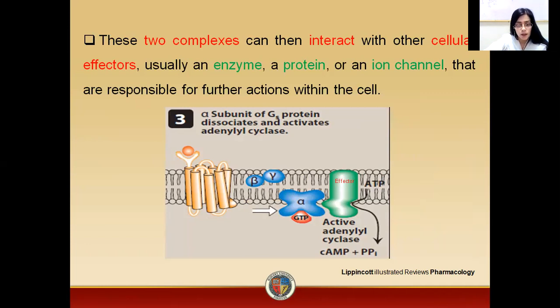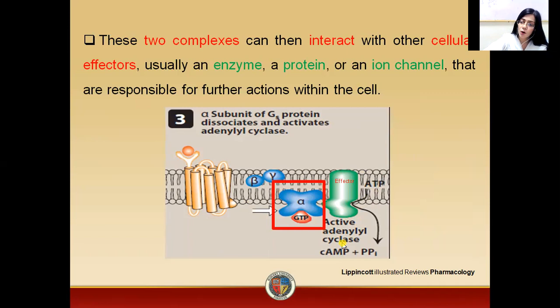Now, depending upon the type of the protein, there will be different biological responses. If this is a GS protein, that is stimulatory protein, as a result of this interaction there will be activation of adenyl cyclase. If this protein is GI protein, there will be inactivation of adenyl cyclase.